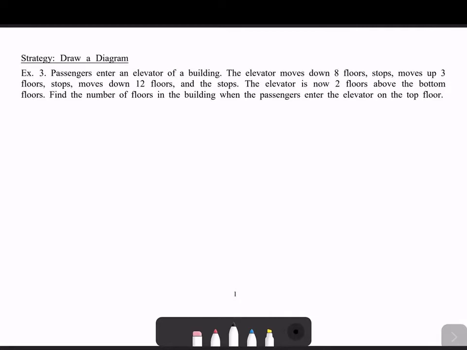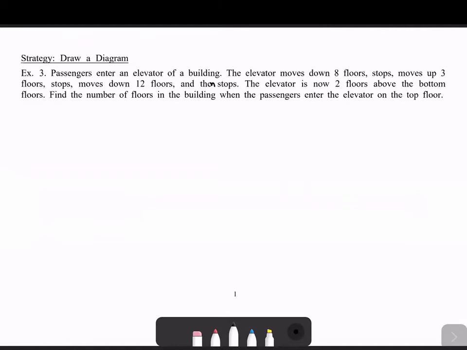We are told in our word problem that passengers enter the elevator in a building. The elevator moves down 8 floors, stops, moves up 3 floors, stops again, moves down 12 floors, and then finally stops. That should say then. My apologies, yours will be fixed. So the elevator is now 2 floors above the bottom floor.